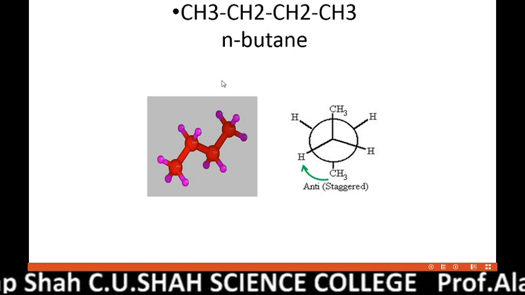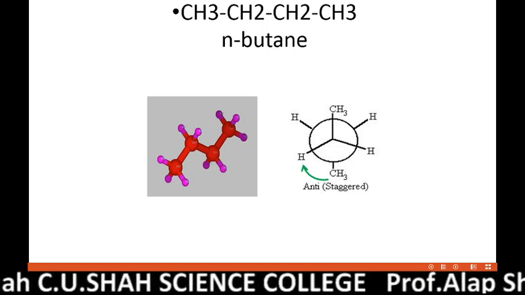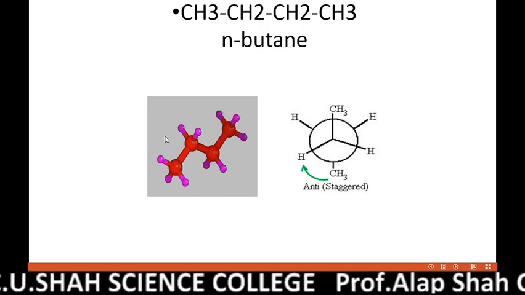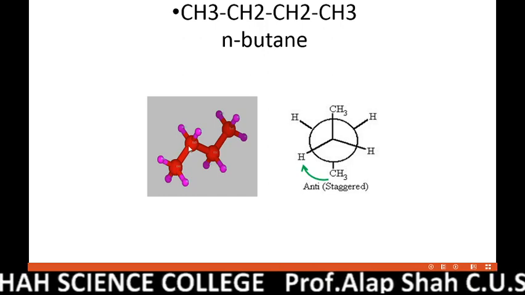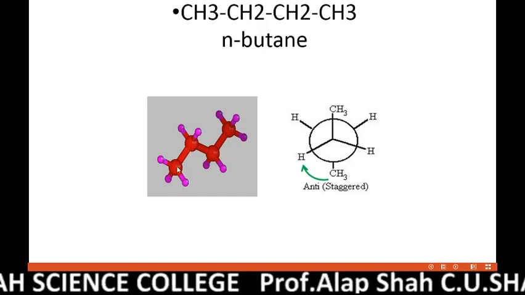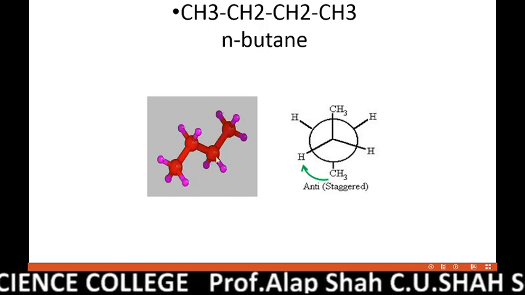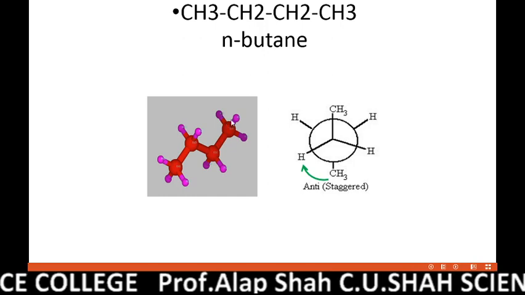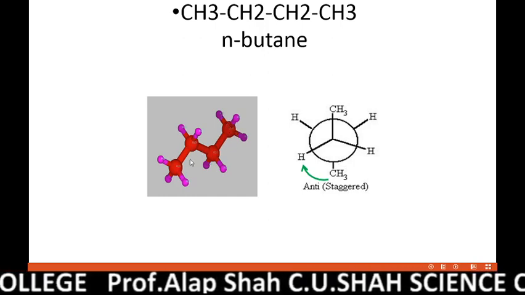Now let us try to understand how the butane molecule can be written in a Newman projection. This is the normal way of writing butane. We know that all the carbons are sp3 hybrid, so their individual shape must be tetrahedral, and you can see the tetrahedral shape everywhere.